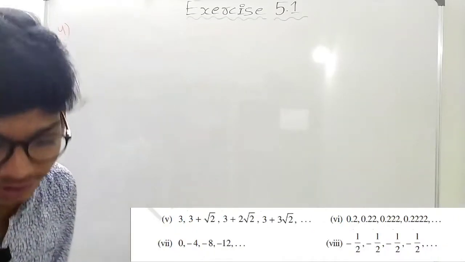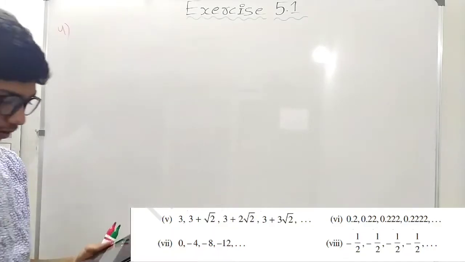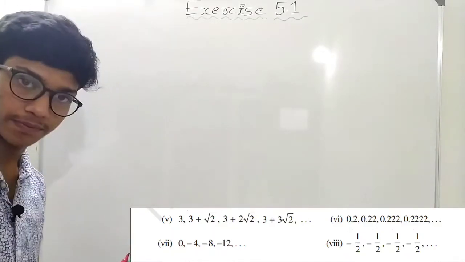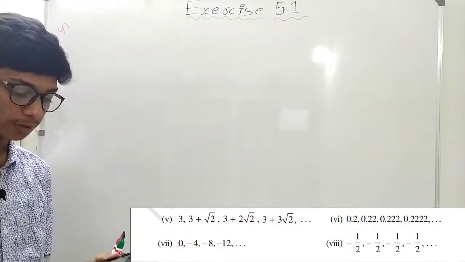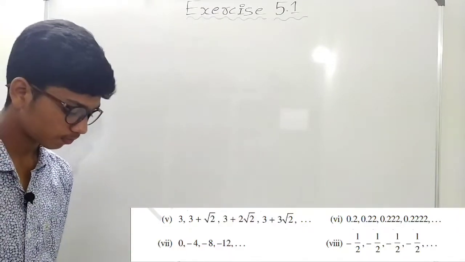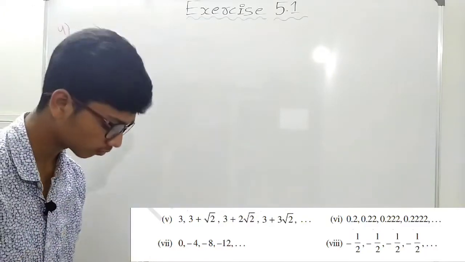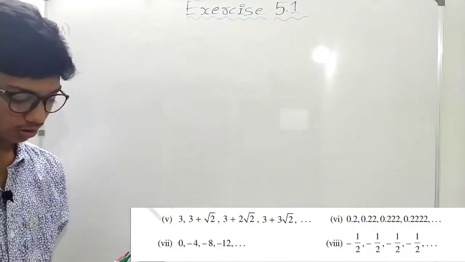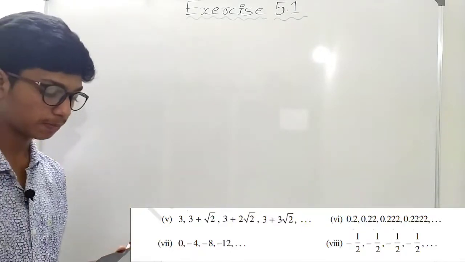So let's move to question number 5. That is 3 plus root 2, 3 plus 2 root 2, 3 plus 3 root 2. I request you to open your notebooks so that we can do it together. The funda is clear.